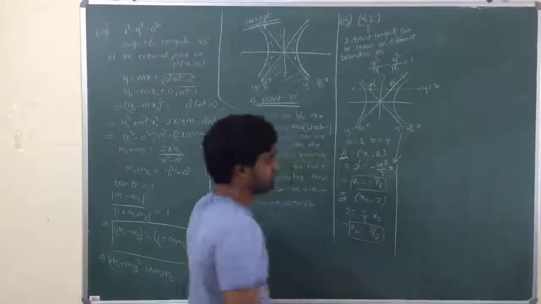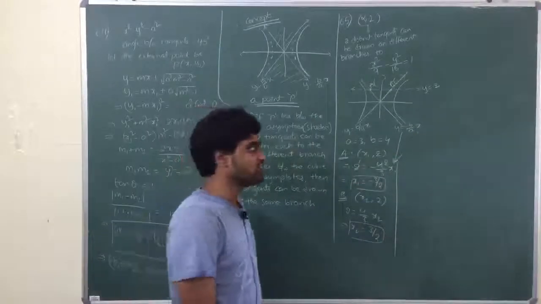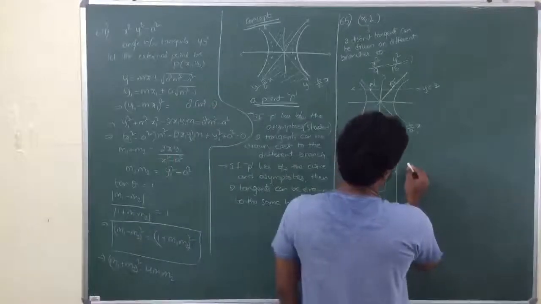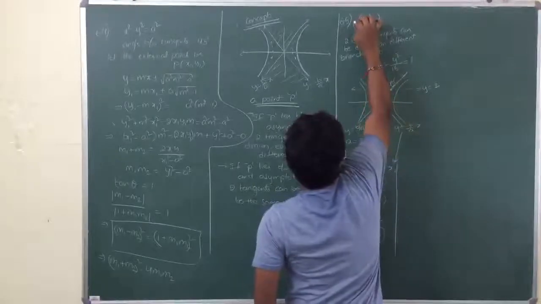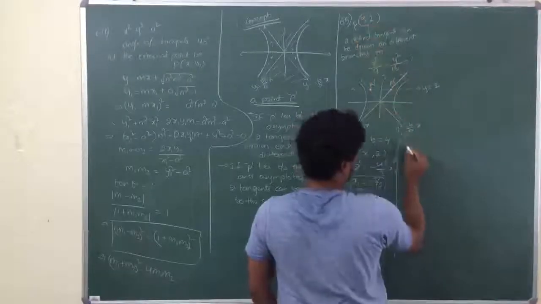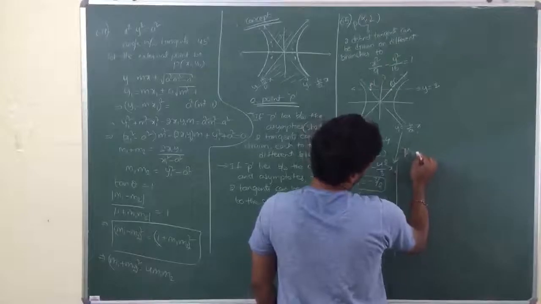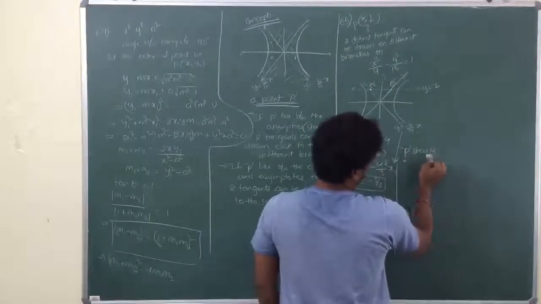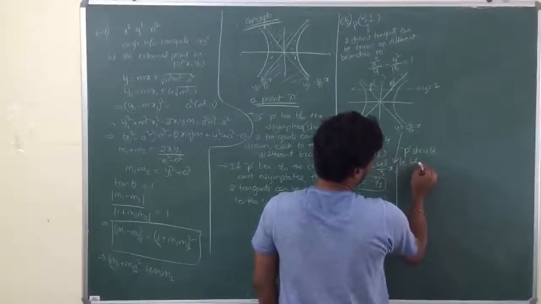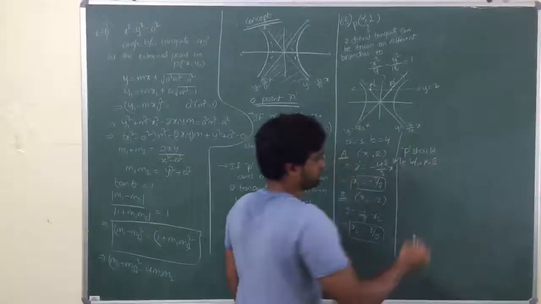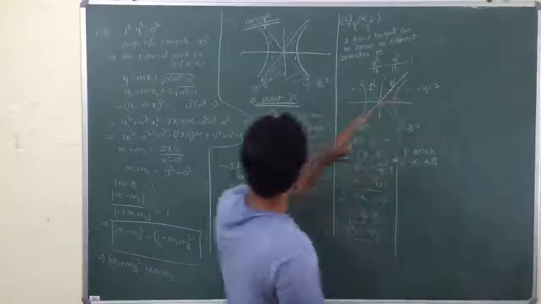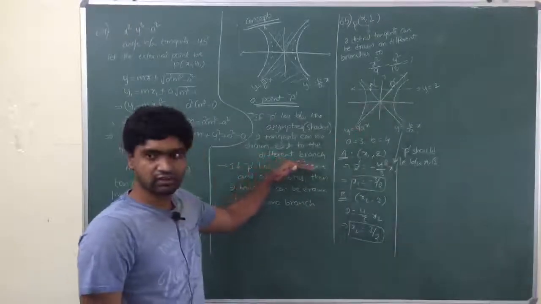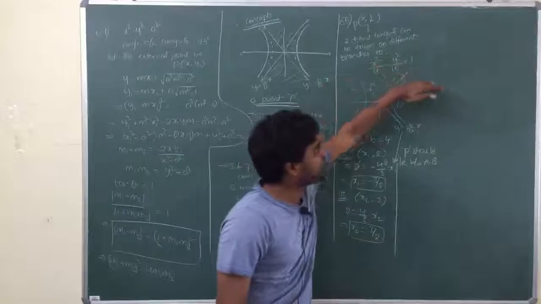Now that we have got points A and B, observe this. This is point P, suppose. P should lie between A and B because the point should lie between the asymptotes and on this line.